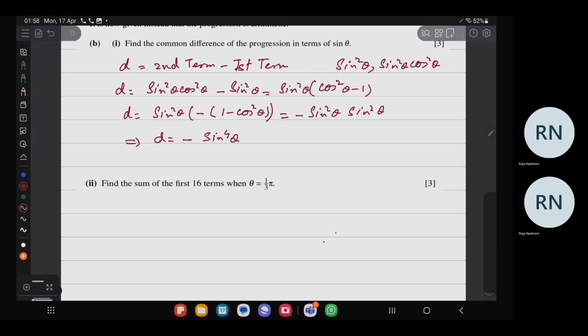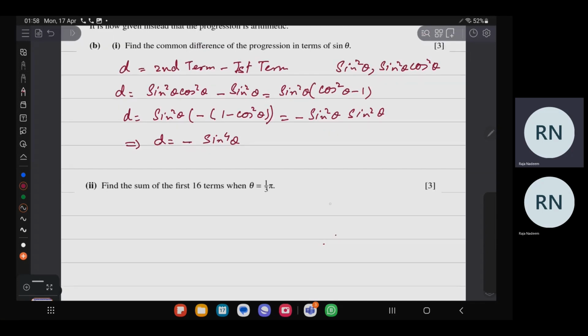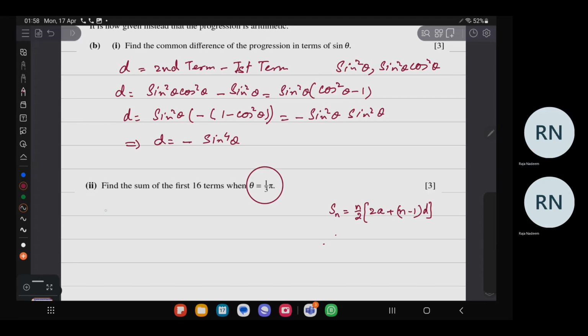Next part is find the sum of the first 16 terms when theta is equal to this one. As we are dealing with an arithmetic progression, the sum of n terms of an arithmetic series is n by 2 into 2a plus n minus 1 into d. And we need to use the value of theta, which is pi by 3.